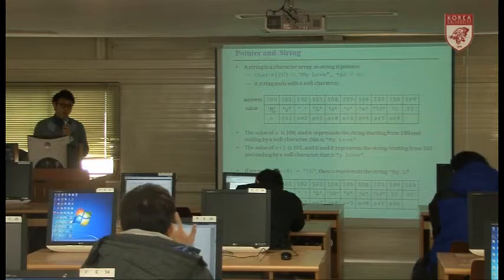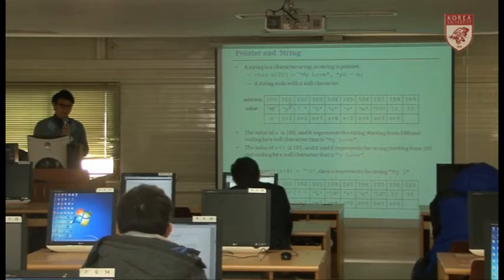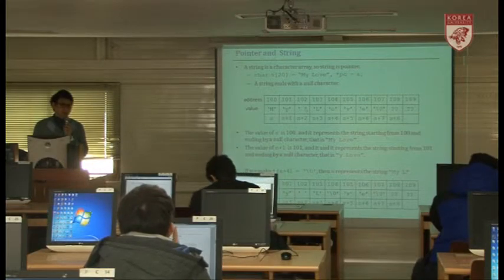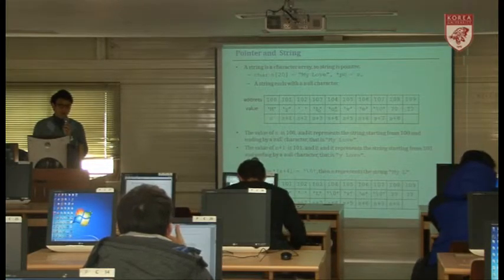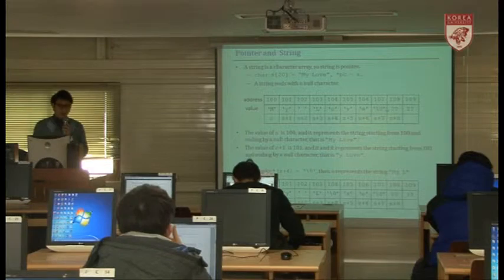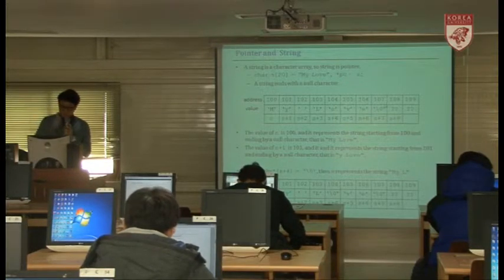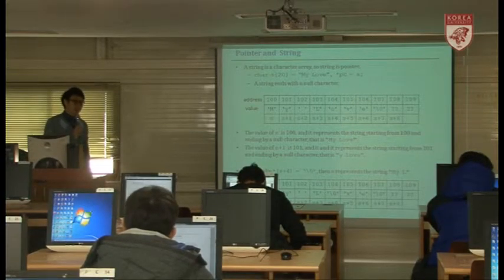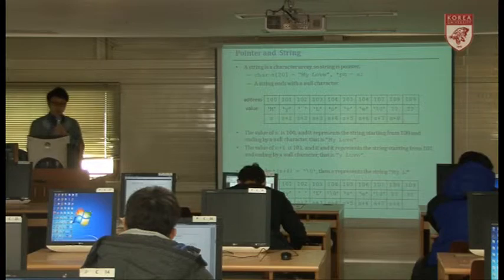In the next room, a small y is stored. In the next rooms, space, and L, O, V, E. And in the last one, the null character, backslash 0, is stored. Definitely, we can use more space because we actually declared 20 spaces, but those hold random values.